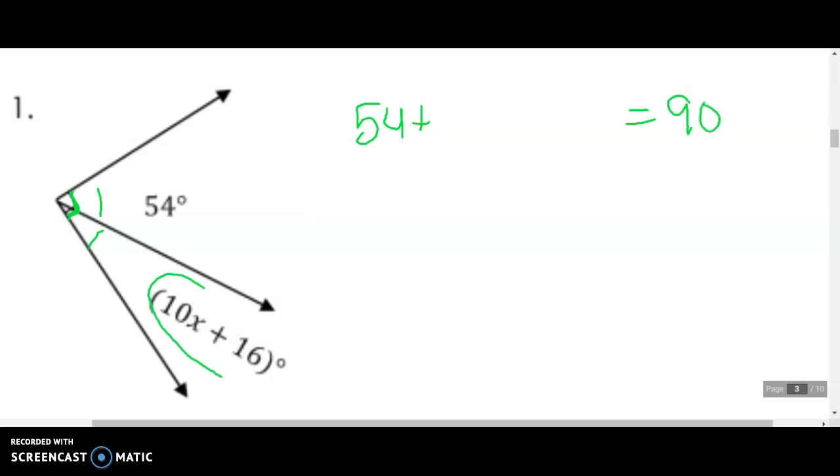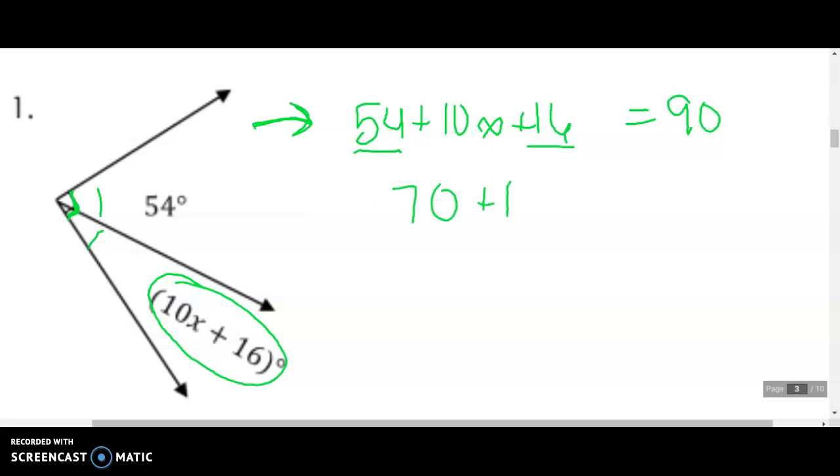Well, this angle is given an expression of 10x plus 16. Well, what I have here is now I have an algebraic equation where I must combine. So here are some like terms that I can combine. And then when we combine a 54 with a 16, we get 70 plus 10x equals 90. Split, isolate, inverse.